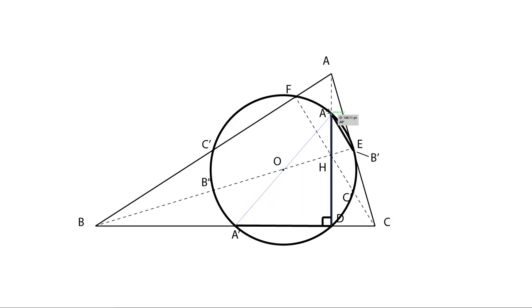A prime A double prime is one of these diagonals, and it goes through the center. We know for a fact that because A down to D was an altitude, it meets BC at a right angle. And that means that this triangle, A double prime, A prime, D, makes a right angle.